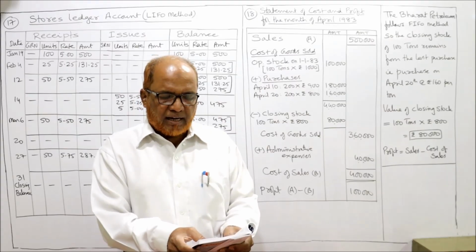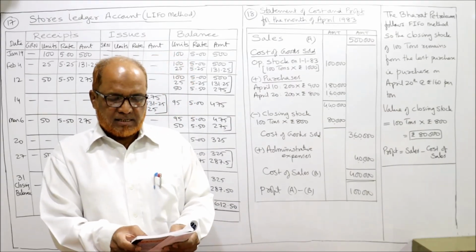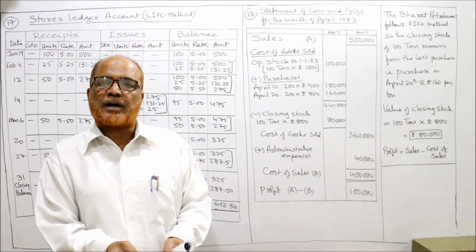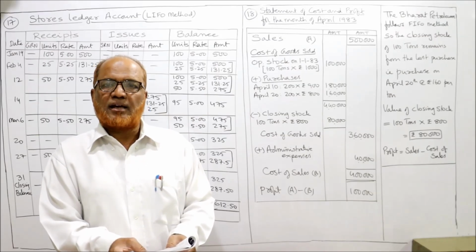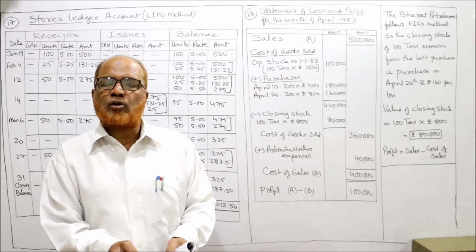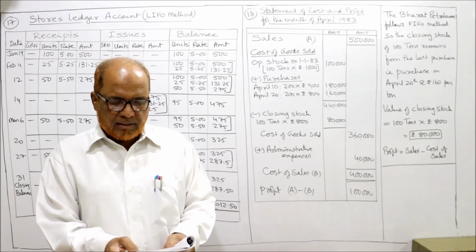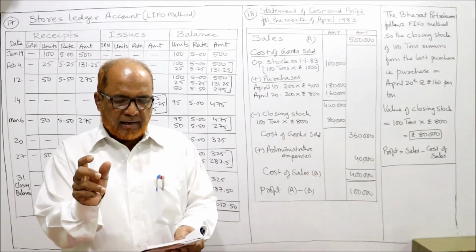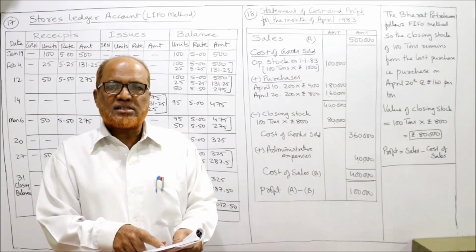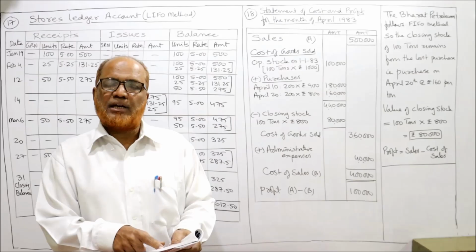So 1st April 1983, 100 tons at the rate of 1000 rupees per ton. 100 tons are there, 1000 rupees per ton, 1 lakh rupees is the value of opening stock. Then purchases are made on April 10th, 200 units at 900 rupees per ton.